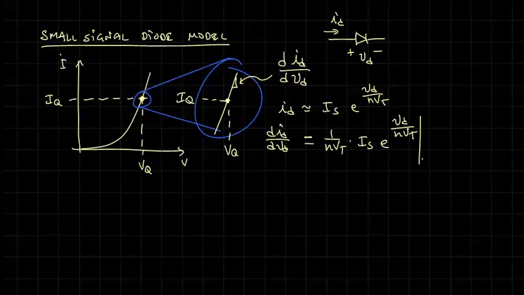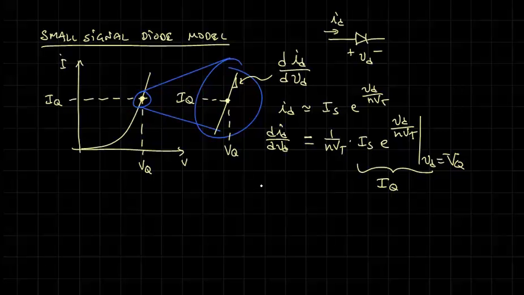And we note that VD is going to be equal to VQ, right? It's evaluated at the operating point. So what is this right here then? This is the current that corresponds to the voltage VQ. Well, that's just IQ.